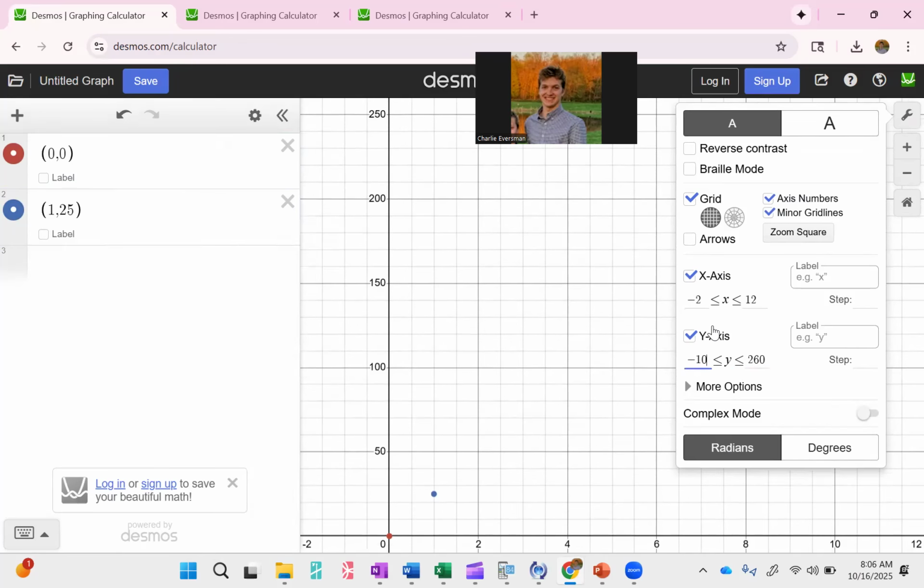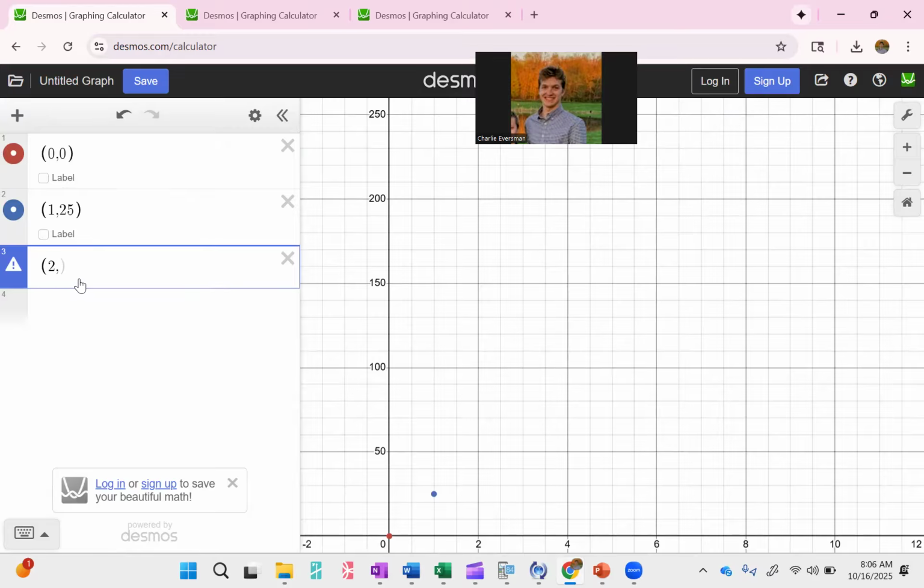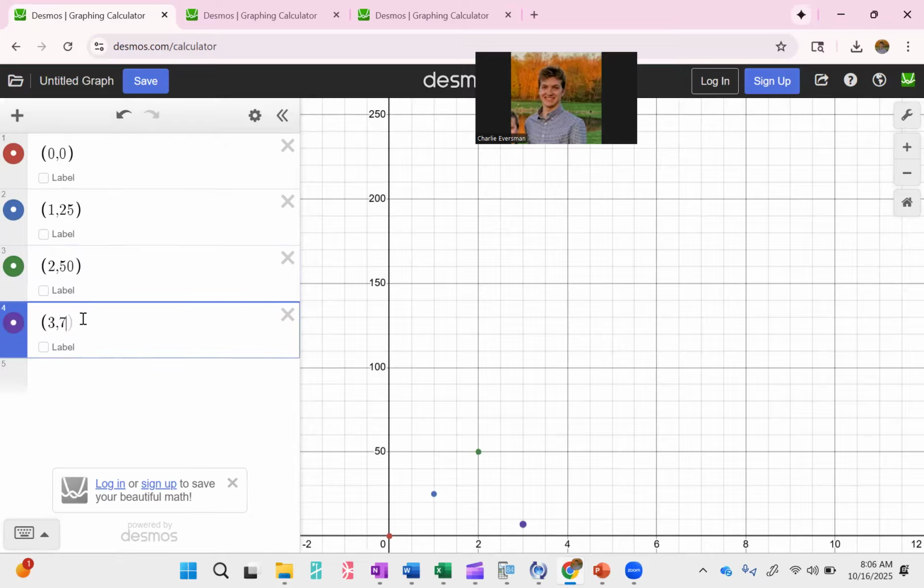Go 10 up, 10 below, just like how here I went 2 up, 2 below. There, right, I can see my other point. And I could go ahead and keep graphing these, right? So I got my (2, 50). Great, that looks awesome. (3, 75). And I could go on and I could do all the rest of these for you, right? But I think you guys kind of get the general idea here. So I might, well, if I could move this.